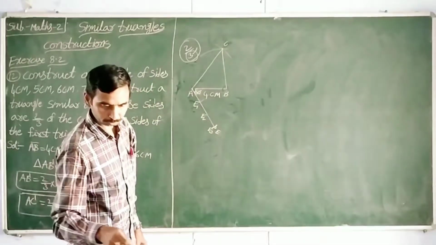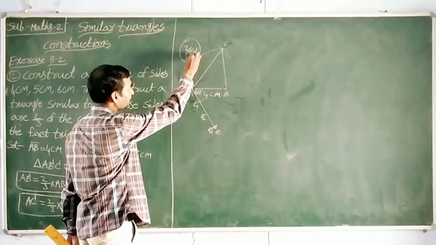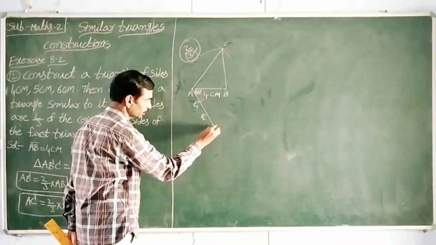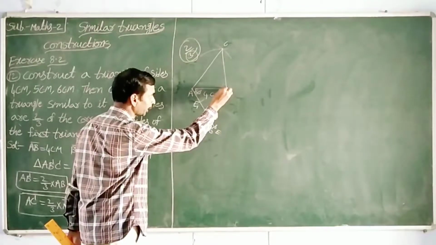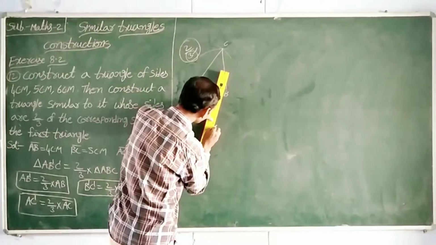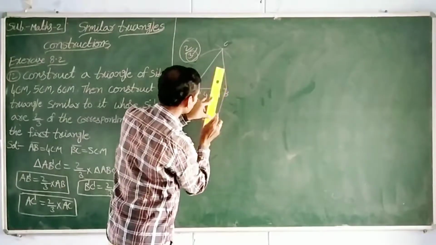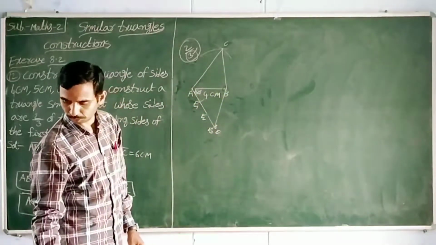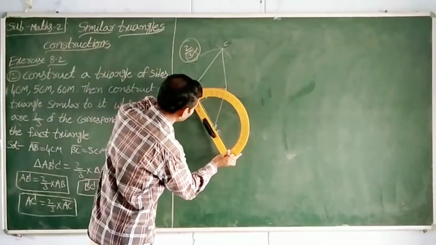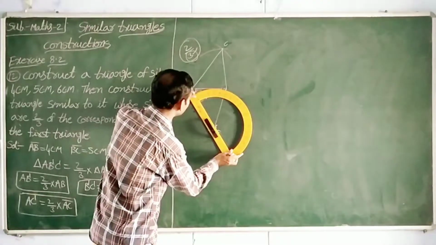Now take the denominator. In the denominator, which number is there? Third. You take E3, the third part, and join it with B. After joining, you can take the protractor. Keep the protractor midpoint at E3, with this line on 0 degrees.